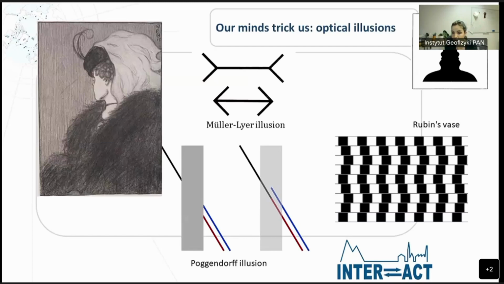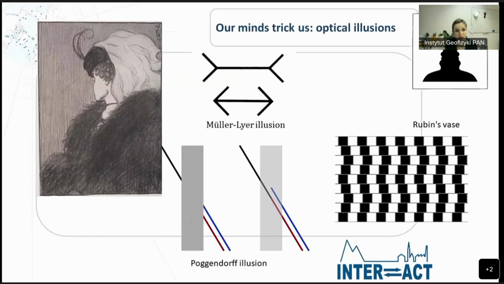So on the right, we can see the so-called Rubin's vase. So depending on what angle we observe an image, you can either see two faces, two heads facing each other, or actually a vase, observing the very same image.